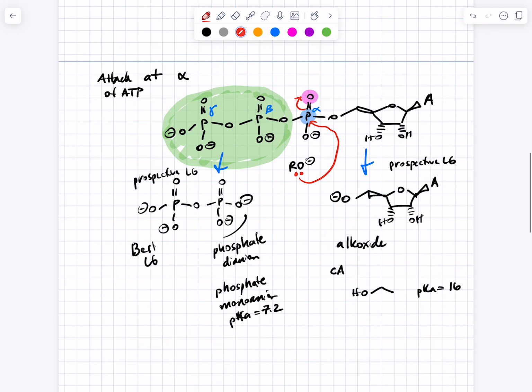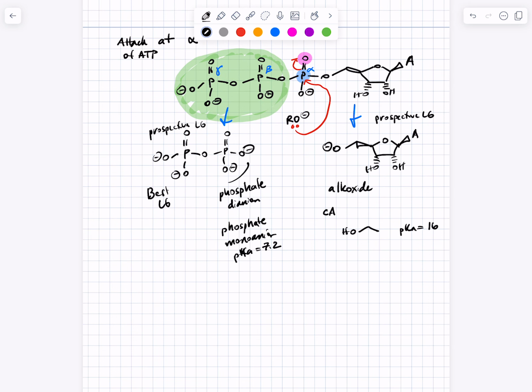We would get the intermediate where the phosphorus is bonded to 5 things. The pink oxygen's going to be negatively charged. We're going to have a new bond in red between the phosphorus and our OR minus nucleophile.